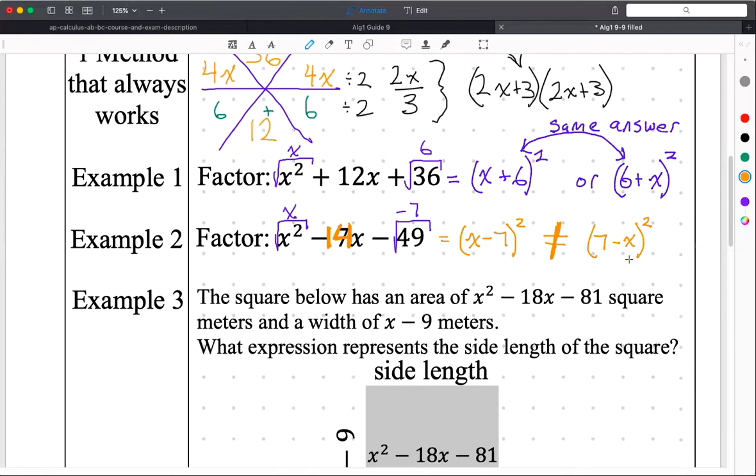Or is it? It's not. Wait, so why is it not equal to 7 minus x squared? Because, oh man, I think I made another mistake.